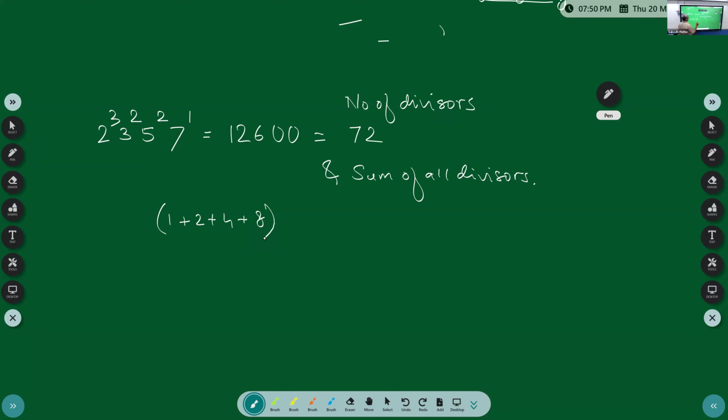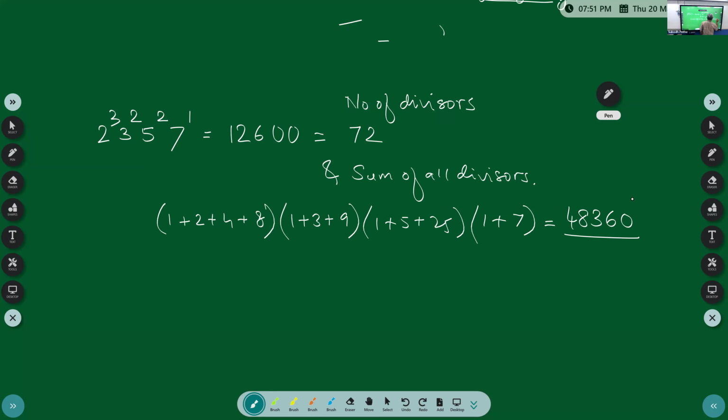This is geometric progression multiplied by 1 plus 3 plus 9 multiplied by 1 plus 5 plus 25 multiplied by 1 plus 7. किती? 48,360. 48,360 is the answer.